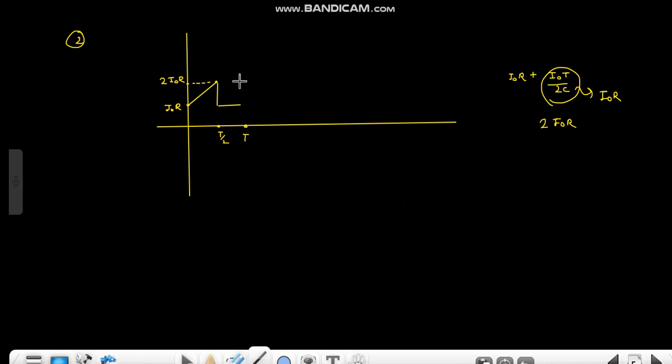Basically at T it will start from 2 I naught R and reach 3 I naught R.